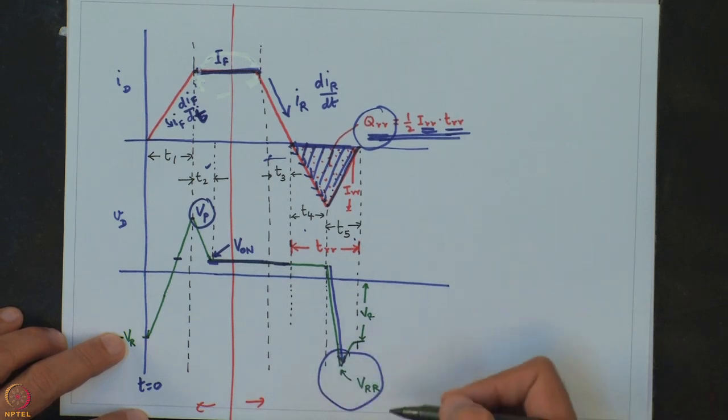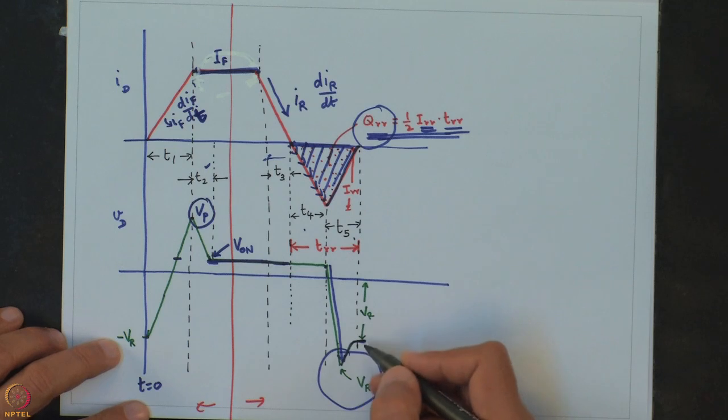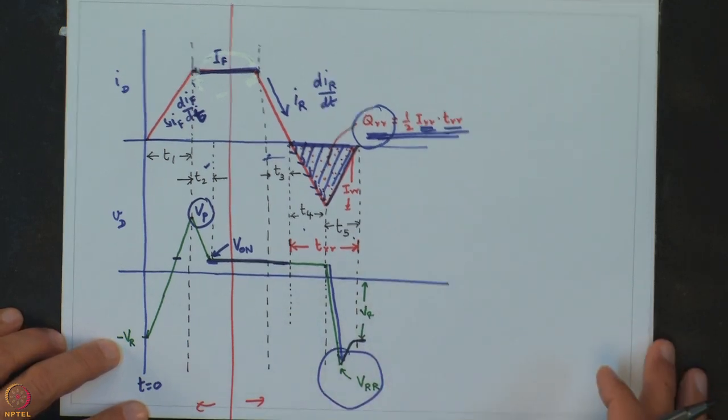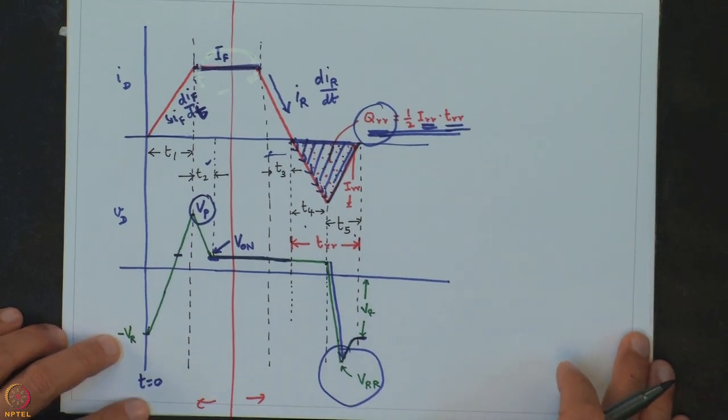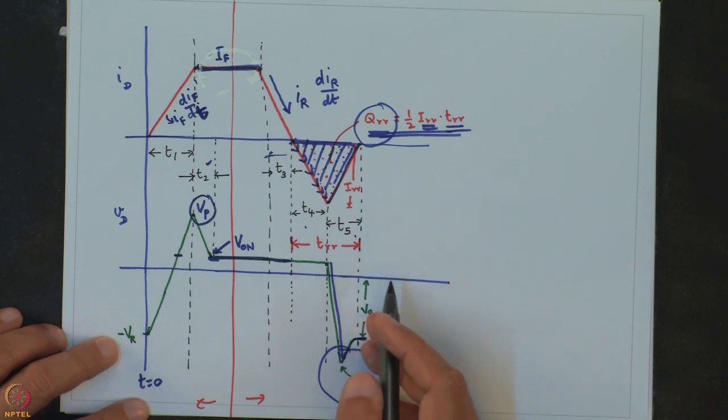We just call this peak value VRR, and after that it goes back and stays put at the reverse voltage that has been applied to the diode to reverse bias it. That completes this process of the switching off or turning off of the diode. So this interval T4 plus T5 is called the reverse recovery time, which is associated with the turning off of the diode.